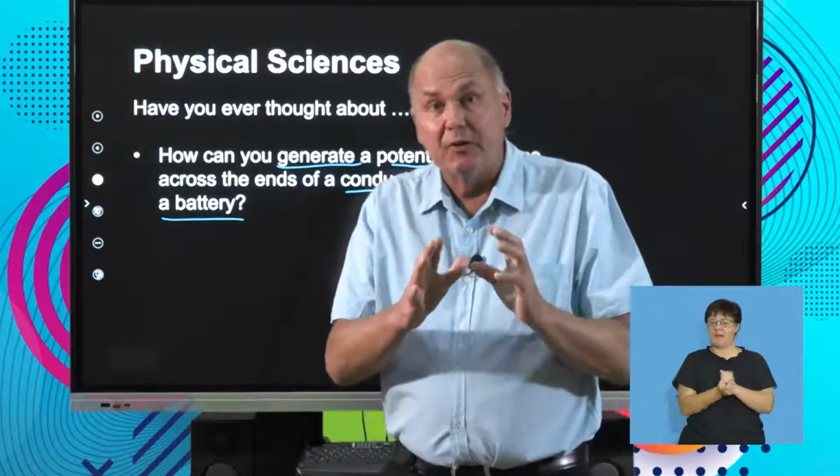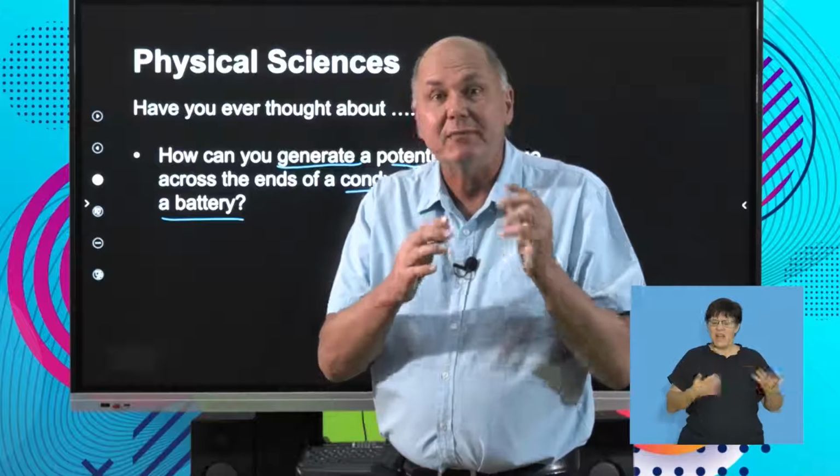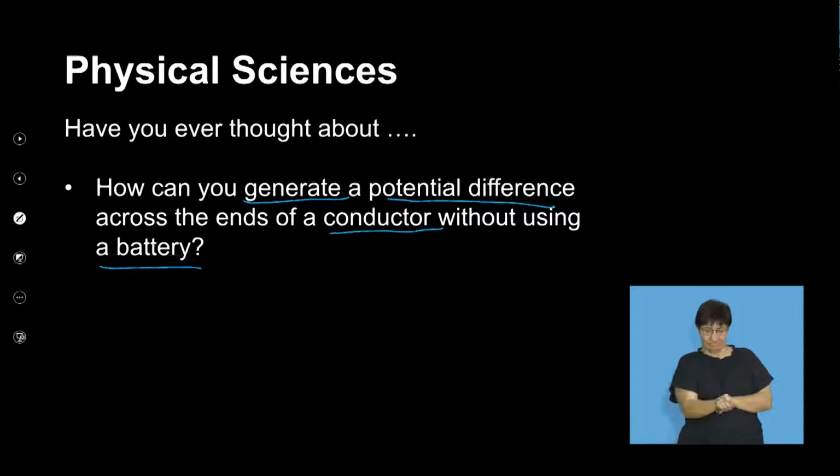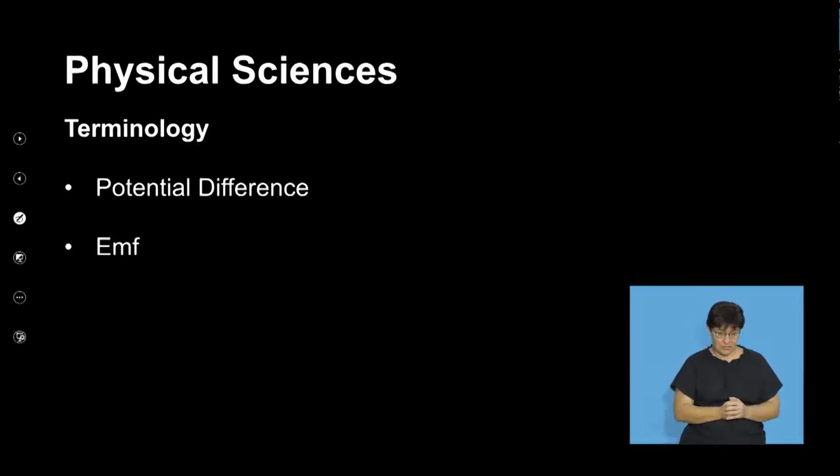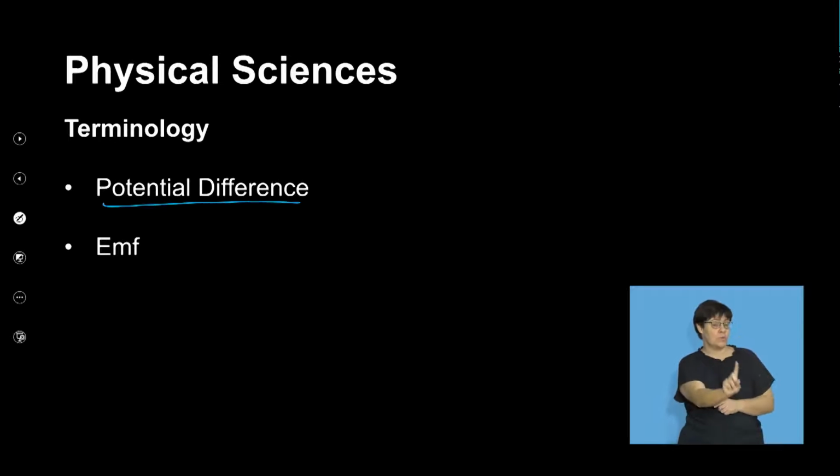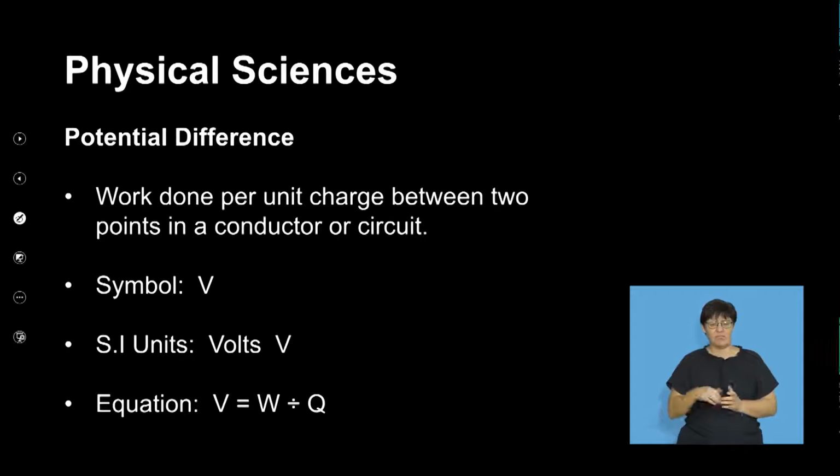And to start with, we're going to be revising some key terminology. The terminology that I want us to look at today is the word potential difference and the word EMF. These two terms are very similar to each other, but they're very important in this context. Let's look at potential difference.